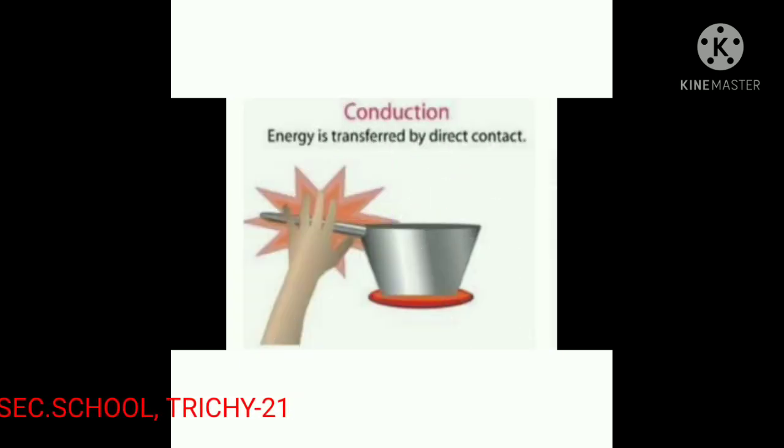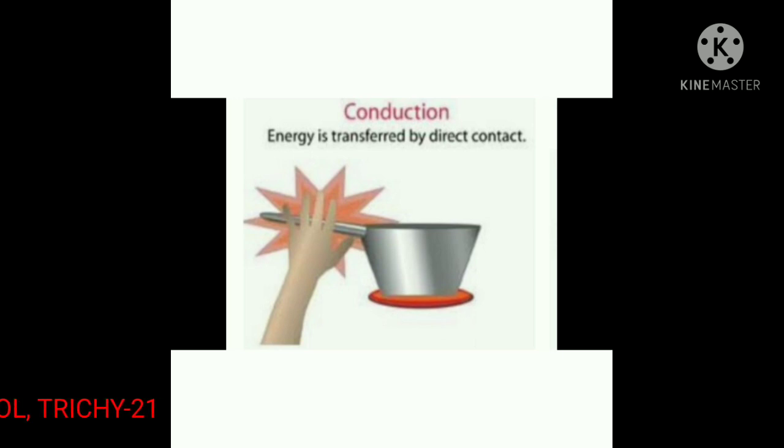Next, conduction in daily life. Handles of cooking utensils are made of plastic or wood because they are poor conductors of heat. Some other utensils are made of metals, so we cook food in vessels made of metals.